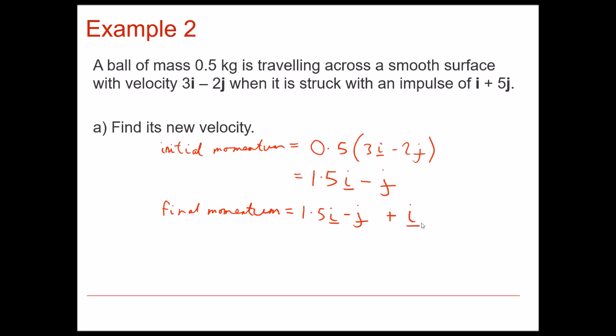So I'm going to add i plus 5j, which gives me 2.5i plus 4j. Now remember the final momentum is equal to the mass, which is 0.5, times the final velocity. So that means that the final velocity, by multiplying through by 2, is equal to 5i plus 8j.